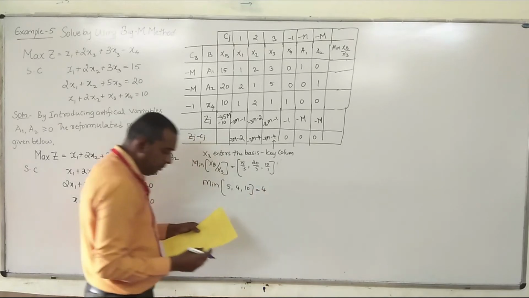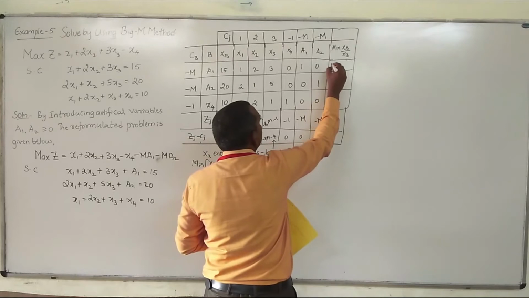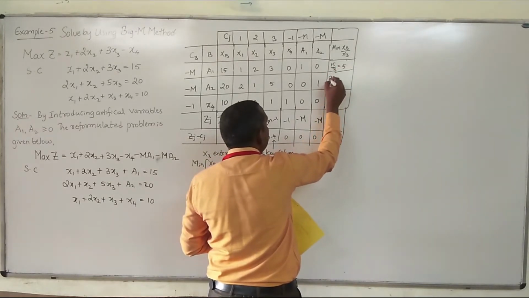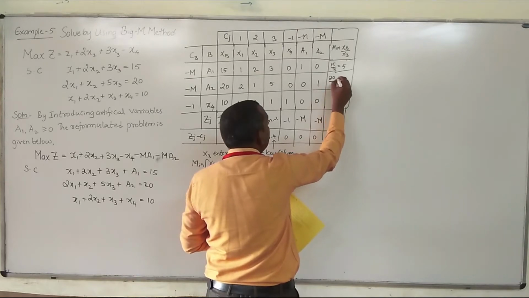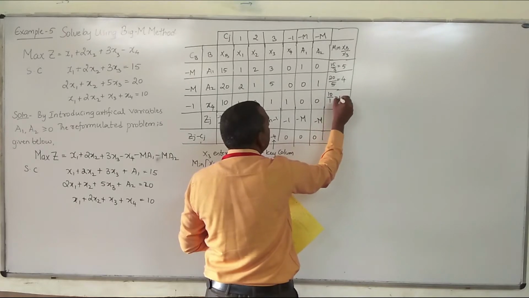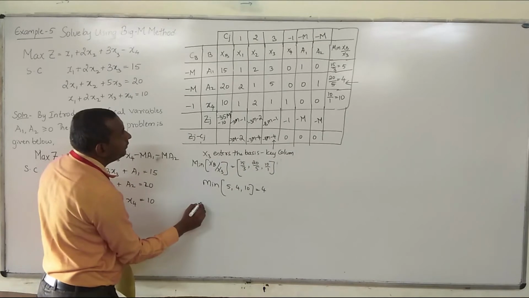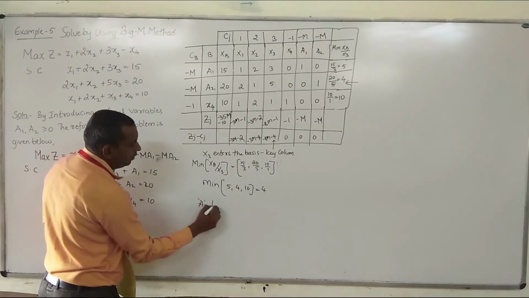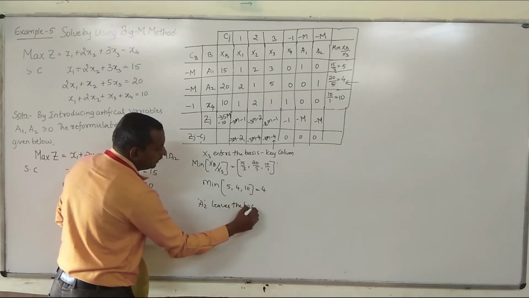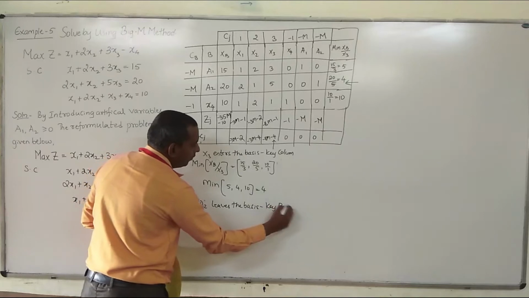I think 4 is the minimum. So 15 by 3 is 5, 20 by 5 is 4, and 10 by 1 is 10. So A2 leaves the basis. That is the key row.